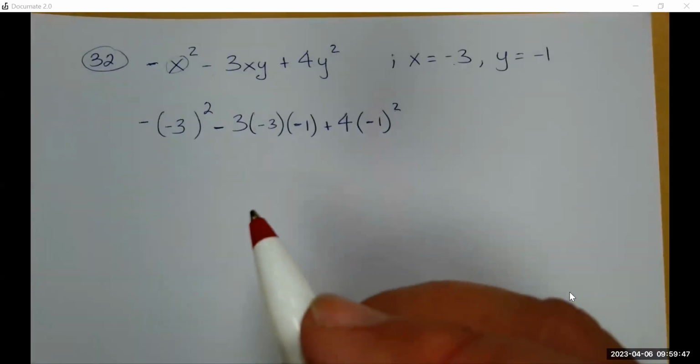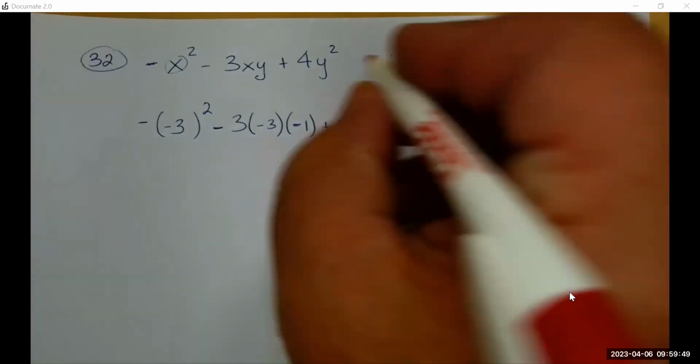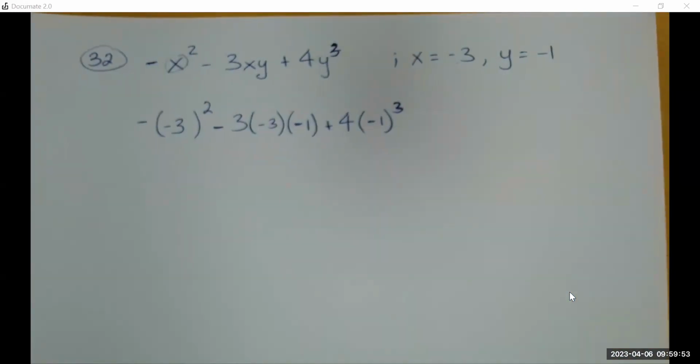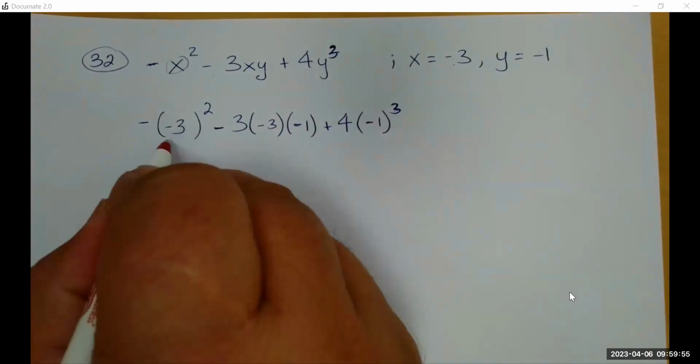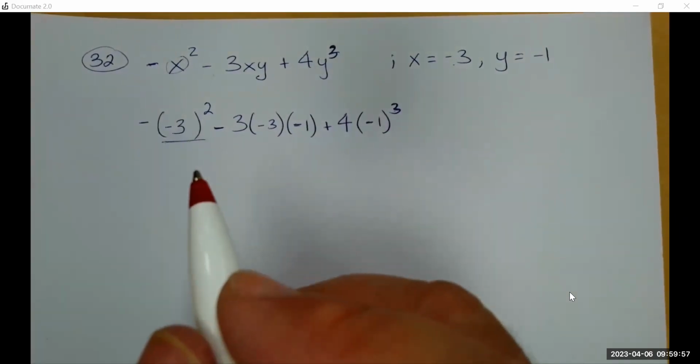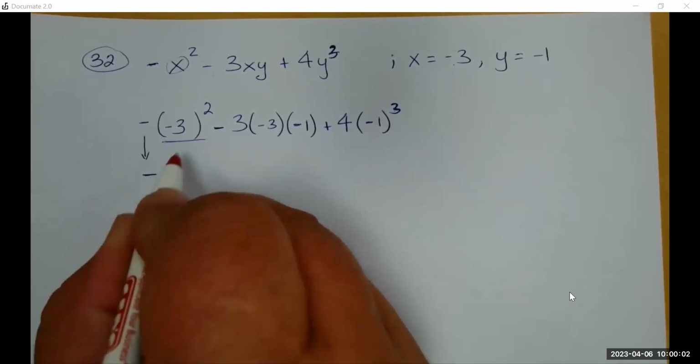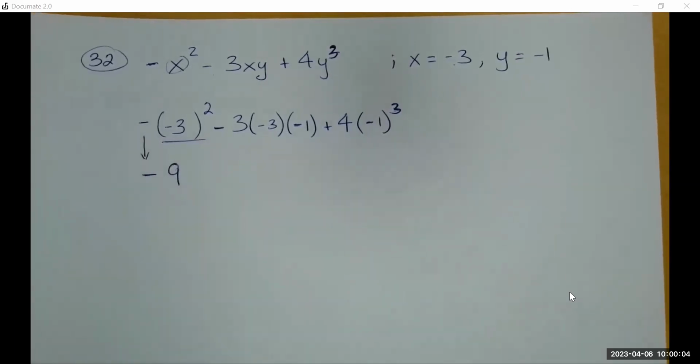Yes. So this is cubed, I'm sorry. So the first one would be -9. Negative. Very good.